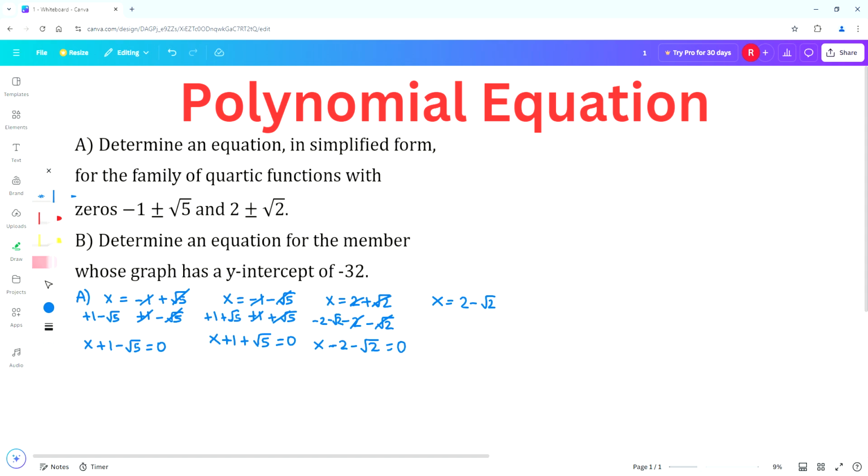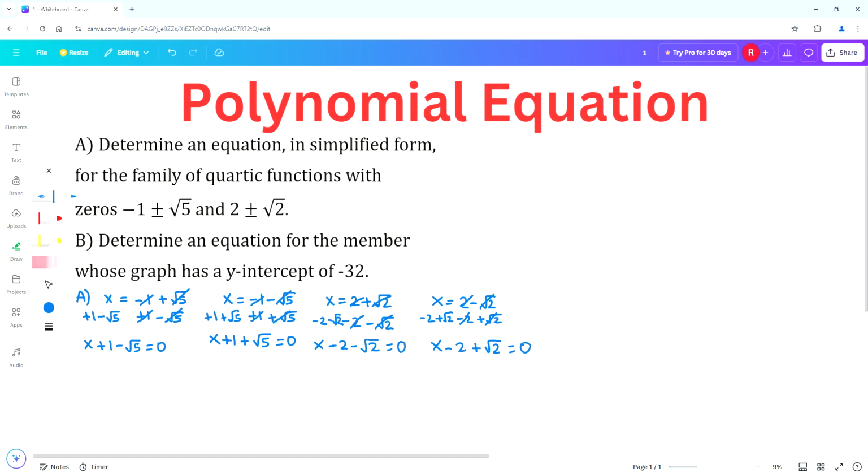Next, we can find the fourth factor. The fourth factor is x minus 2 plus square root of 2.